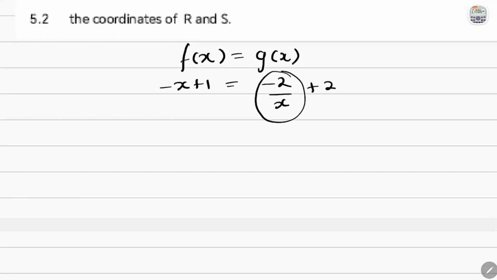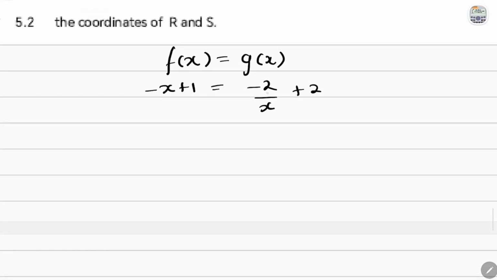Okay, so this is already a fraction. Leave the fraction here and we can just take the 2 over. We have a negative x and we could just make these positive. I can take this over to make it positive 2 over x, and then take these over, so that becomes positive x, that becomes negative 1, and then this is still on the right hand side, so it's positive 2.